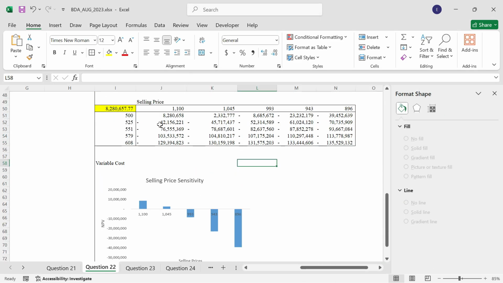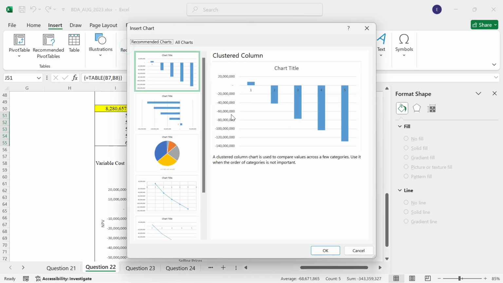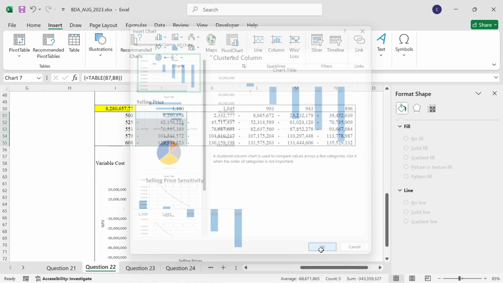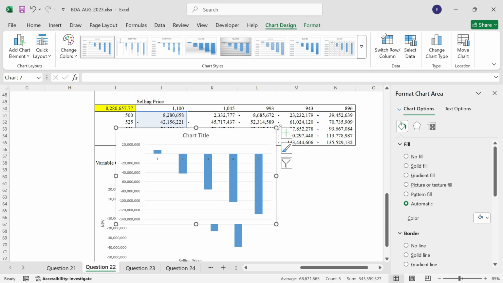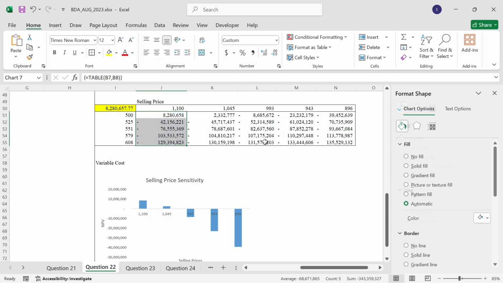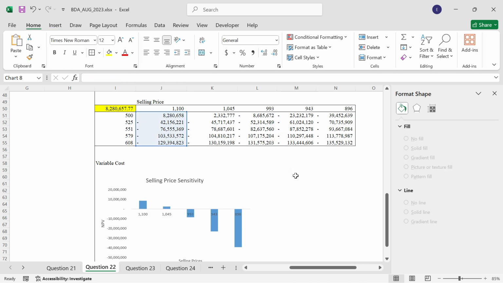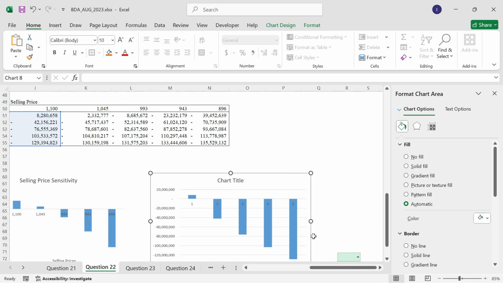Then on to my variable cost. We can move this to an appropriate location. This is my variable cost sensitivity.